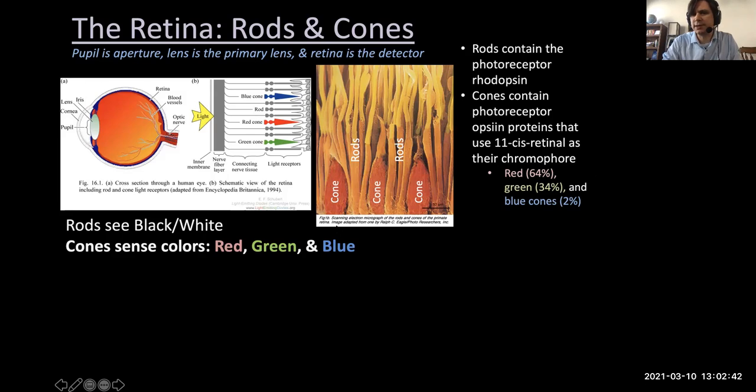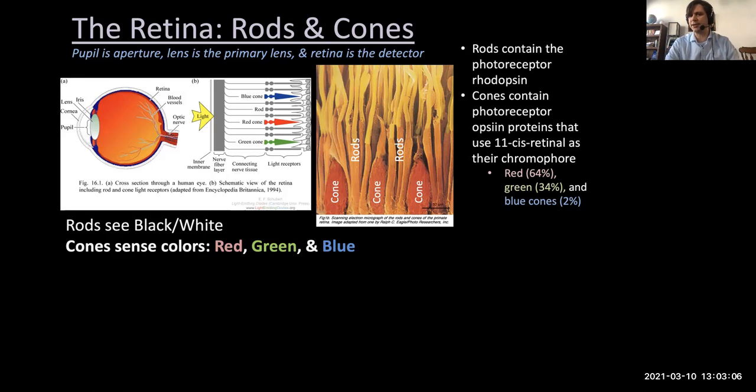The cones have photoreceptor opsin. Sorry, I didn't mean to put an extra I there. They have opsin proteins that use a certain thing called 11-cis retinol and its variations as their chromophore, the things that can sense light. And we're equipped with three different kinds of cones, or at least humans are.